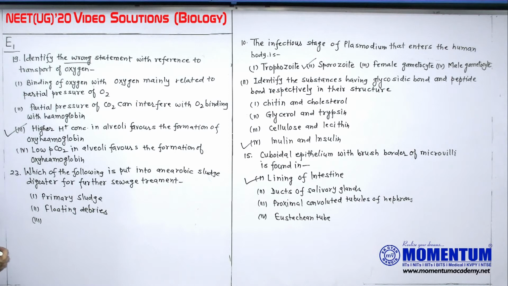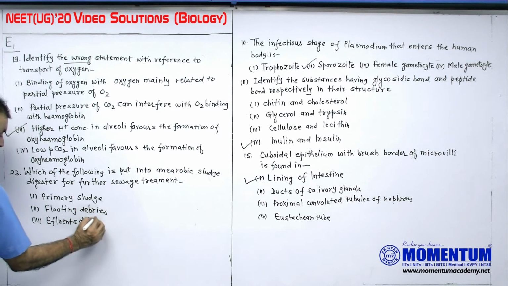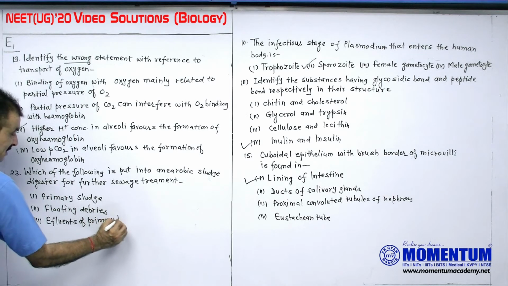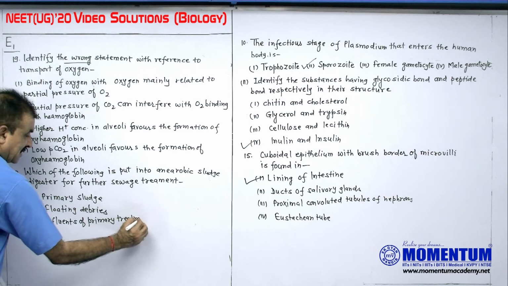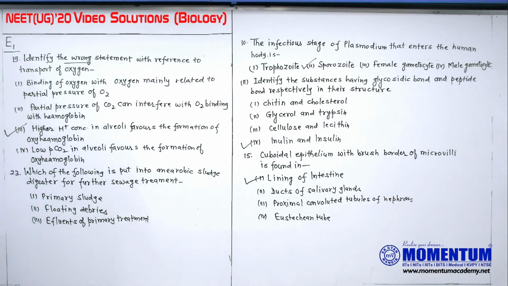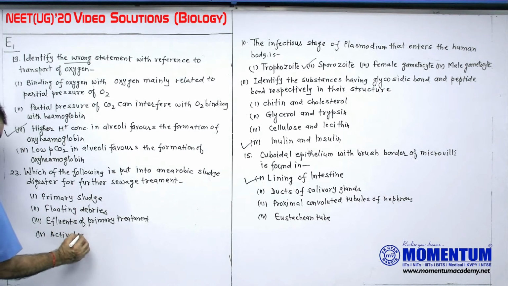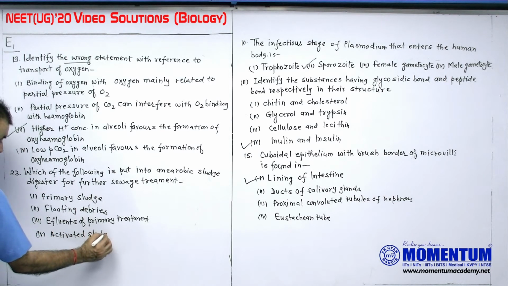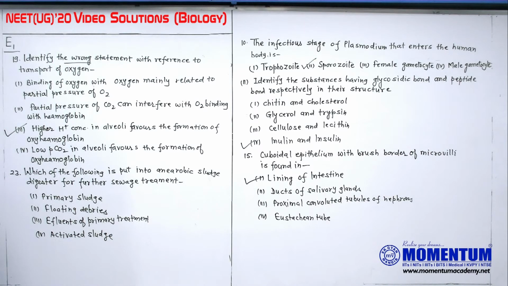Number 3, effluents of primary treatment, activated sludge. Number 4, activated sludge.